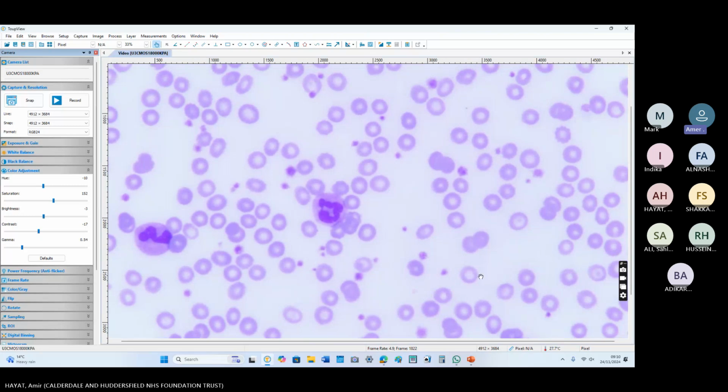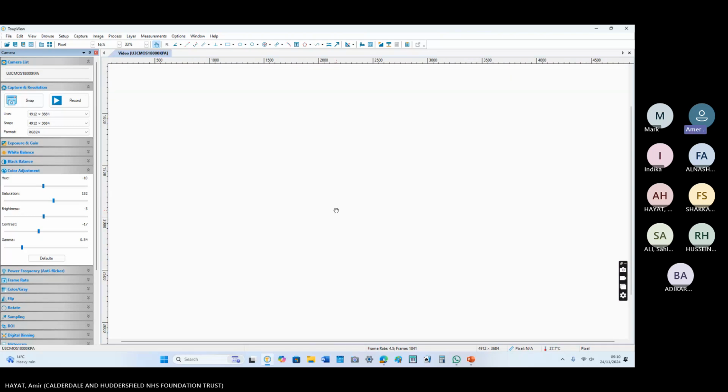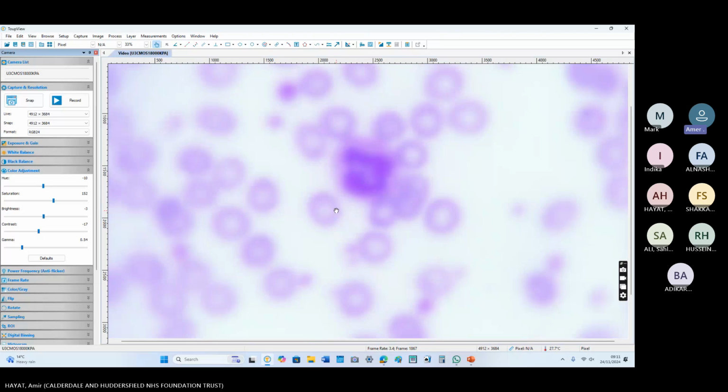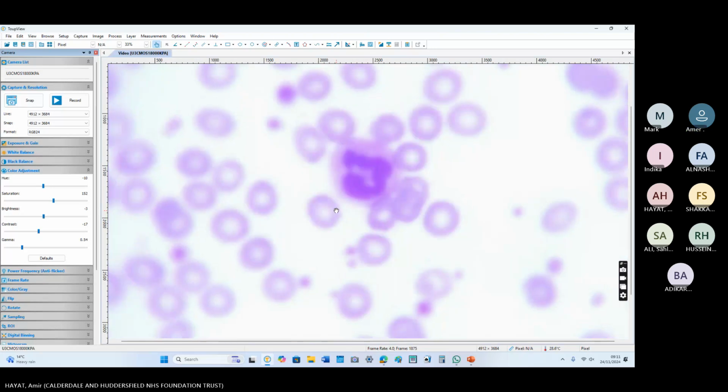So I will make this neutrophil big to see if these are Döhle bodies or just shadow. No, this is just the shadow of the RBC behind it.